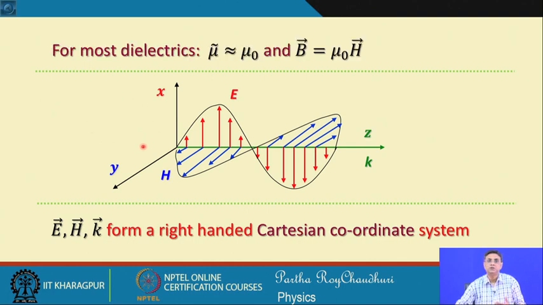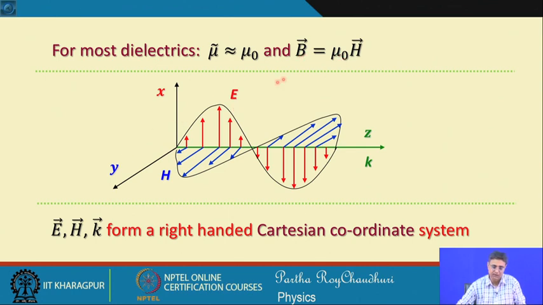Now, we discussed this fact for the case of electromagnetic waves in free space, and not only for free space, but for most dielectrics this permeability mu is equal to mu 0. This is a non-magnetic property and mostly mu you can approximate as mu 0. Therefore, B becomes equal to mu naught into H, where H is the magnetic field and B was the magnetic induction vector.